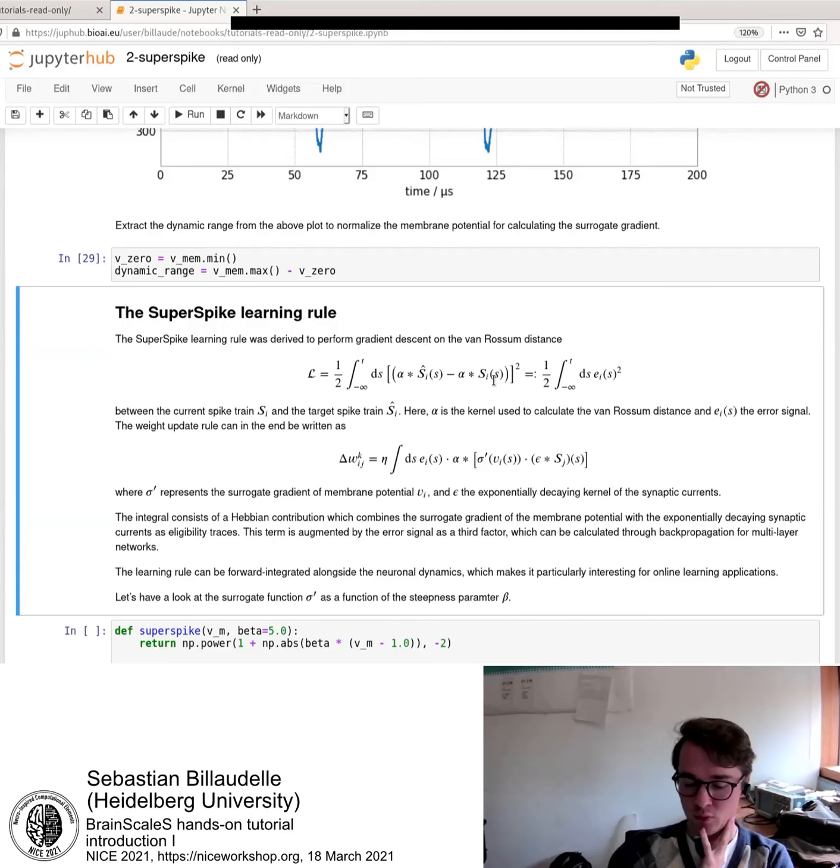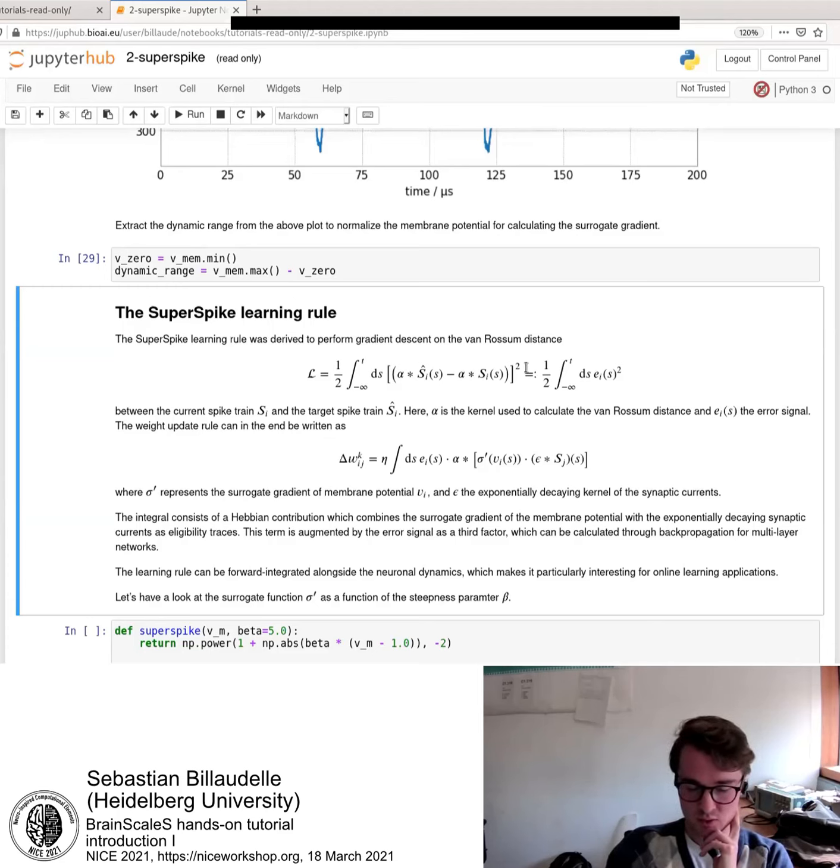So you now have a smooth representation kind of your spike trains, and you simply subtract them over time, right? So you have your convolved target spike trains minus your convolved output spike trains. You calculate the square because you want to have the absolute deviation from 0.